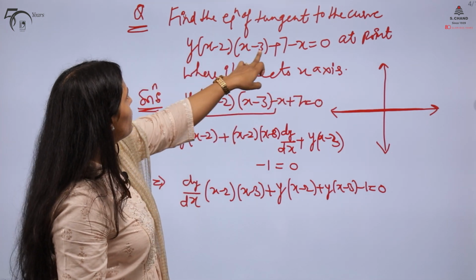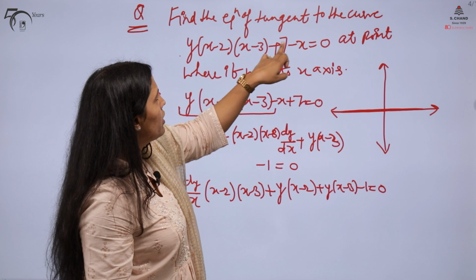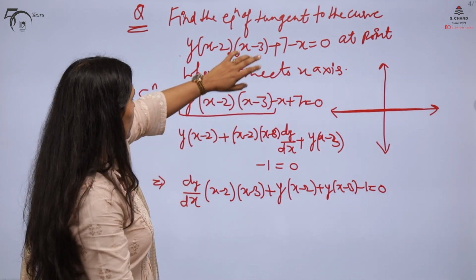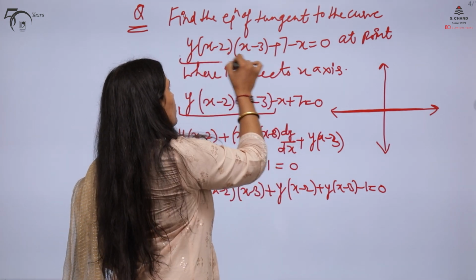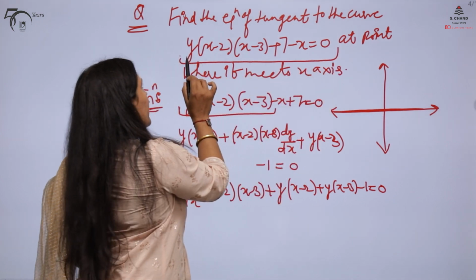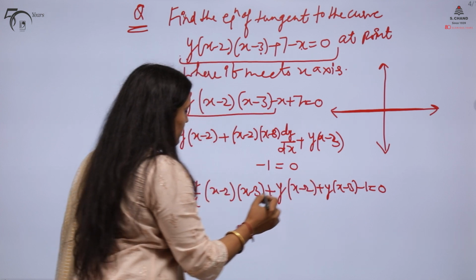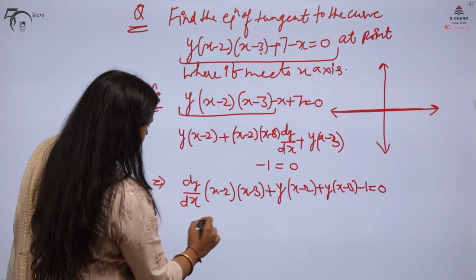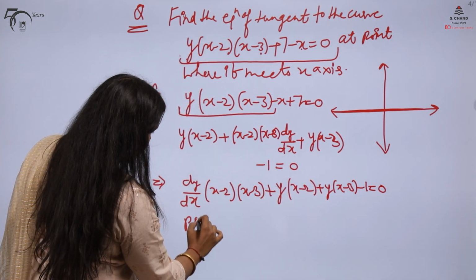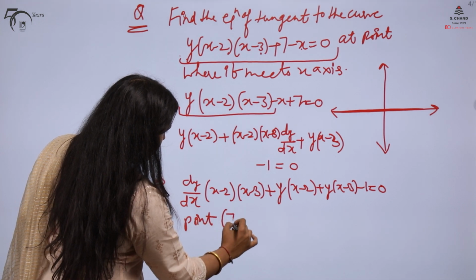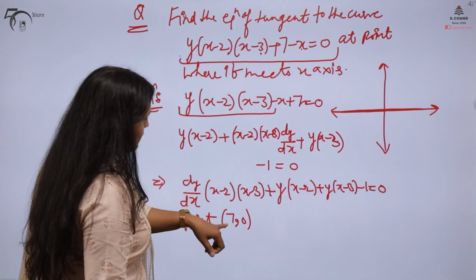When you substitute y equal to 0 in the given equation, the complete expression will be 0 and x will be 7. So 7, 0 is the point. x is 7, y is 0.